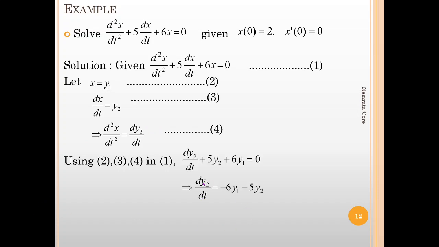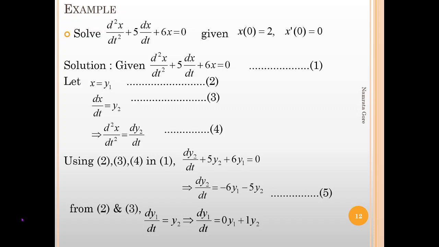Again rearranging it as dy2 by dt equal to minus 6y1 minus 5y2, and for the equation of dy1 by dt, this is d by dt of x, x is y1, so on the same lines we will get dy1 by dt as 0 y1 plus 1 y2.